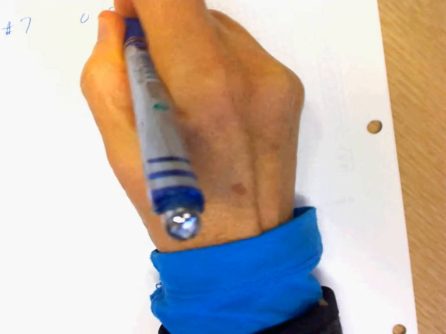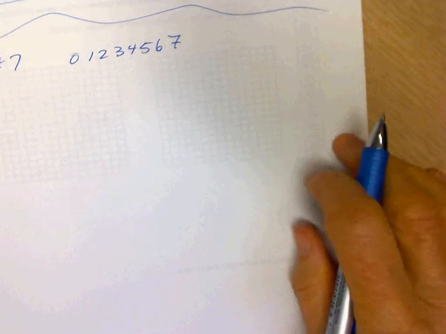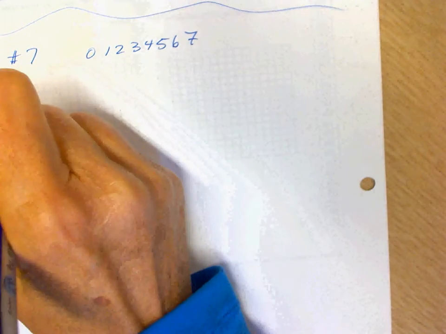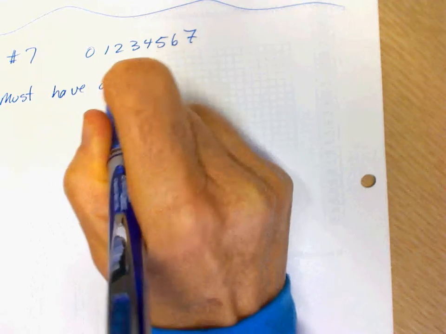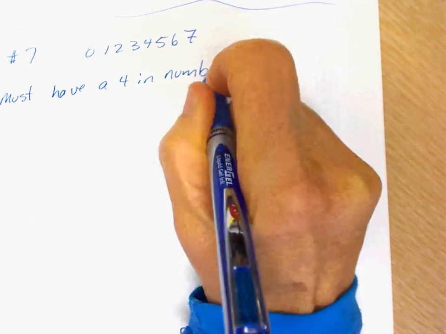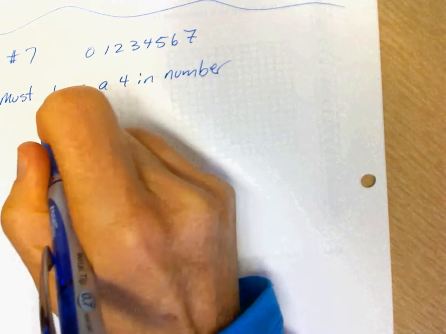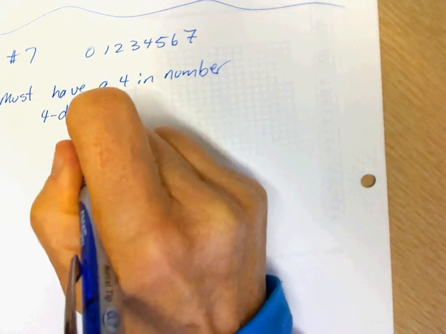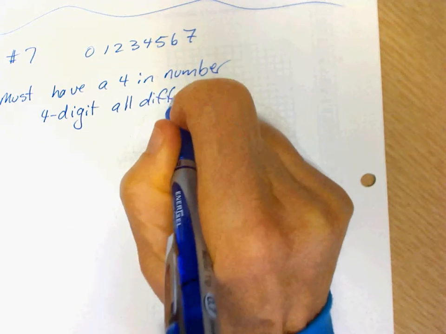Okay, so we're working with these digits right there, and must have a 4 in the number, and they're also saying 4-digit, all different, right?